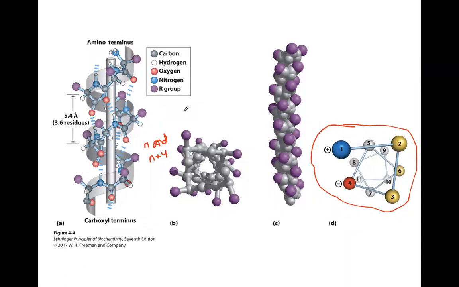Very strong cumulative effect. And there are some consequences in terms of what kinds of amino acids are accommodated, what kinds are not. You can see here another big stabilizing factor is that these R groups are all perpendicular to the direction of the helix, and they all spread apart.